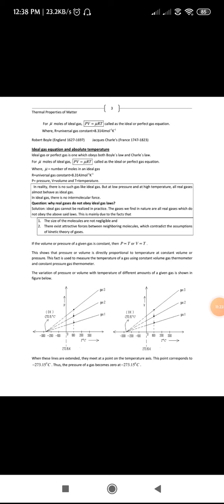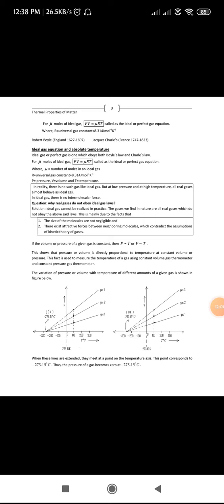As you keep on decreasing, the pressure or volume of a gas becomes zero. The value of pressure or volume of a gas reaches zero for a particular value of temperature, and that temperature is called absolute zero. That is minus 273.15 degrees Celsius, where the pressure and volume of a gas become zero.